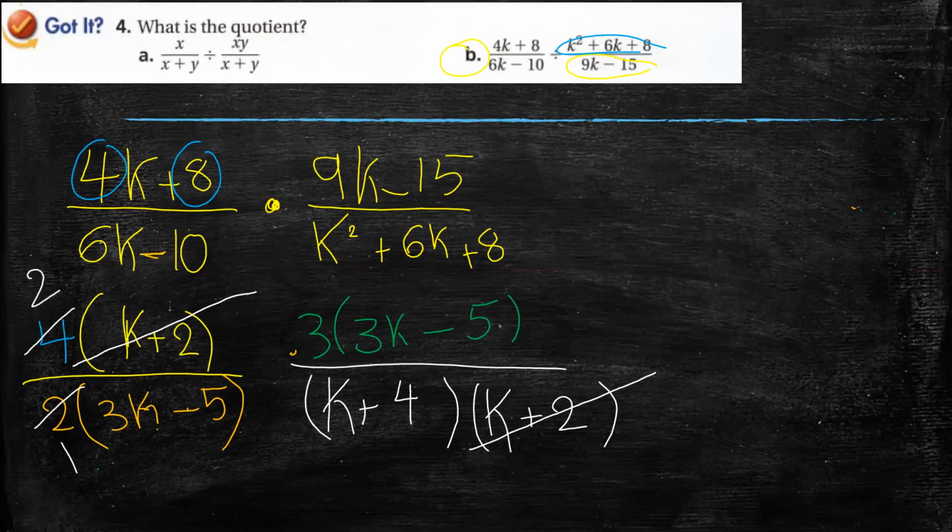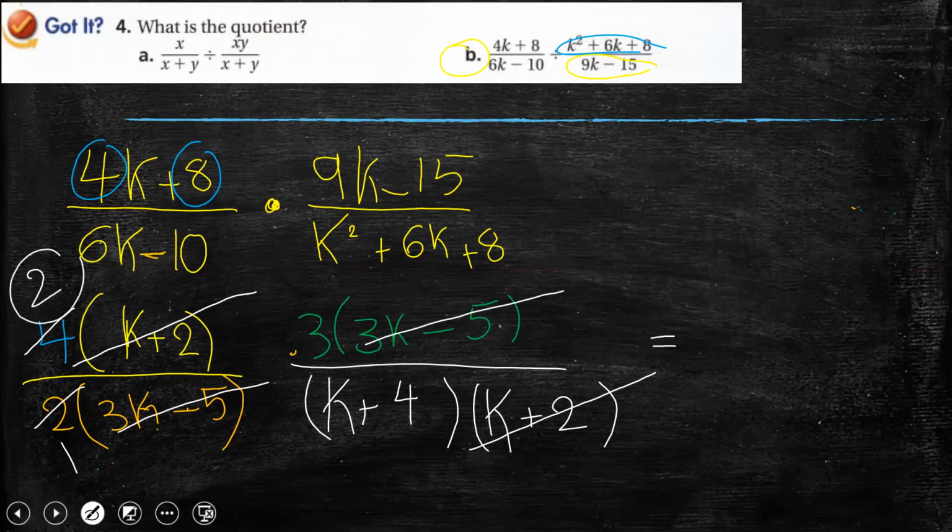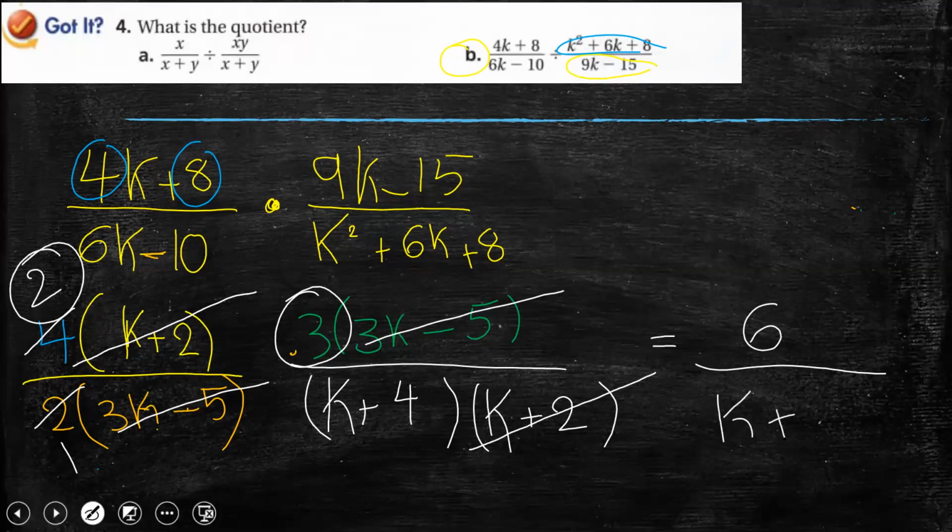Then 3k minus 5 with 3k minus 5. Now look at the numerator. What did we have in the numerator? 2 times 3, which is 6. Over, in the denominator, what did we have? k plus 4 only. That's it.